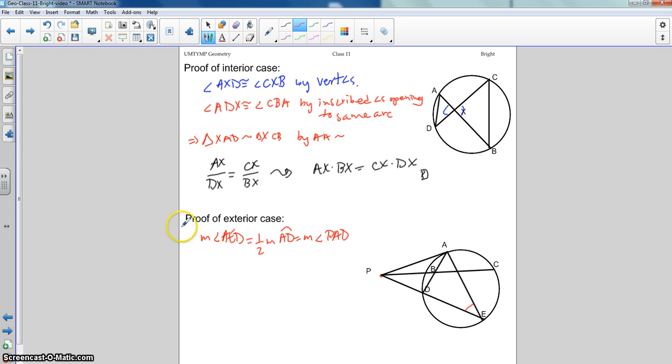So I have this relationship, and in both triangles, PAE and PAD, angle P is congruent to angle P. So then I get out of this that triangle APD is similar to triangle EPA by angle-angle similarity.